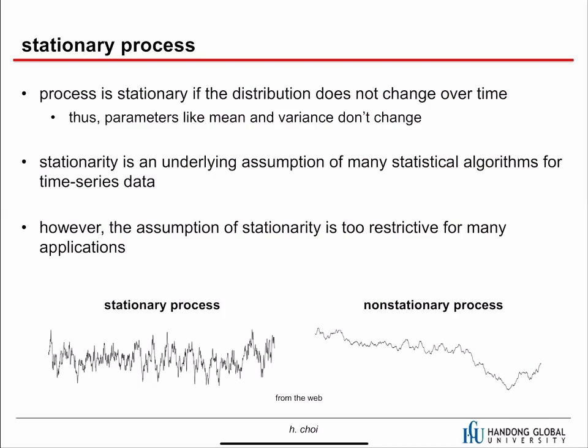Okay, before finishing this chapter, I have to say that the stationarity or stationary property is really important in pattern recognition and machine learning. So what is stationarity here? The process is stationary if the distribution does not change over time. If the distribution doesn't change, then the statistics like mean and variance should not change, right?